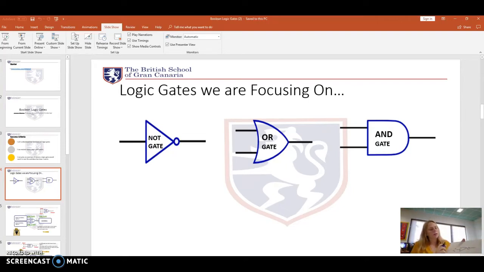Okay, hopefully you've said the opposite, which would be 0. Okay, so that's your NOT gate. So the NOT gate does the exact opposite of what you want it to do, okay, or what you would expect.